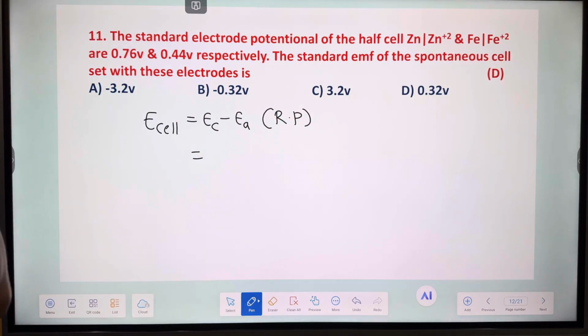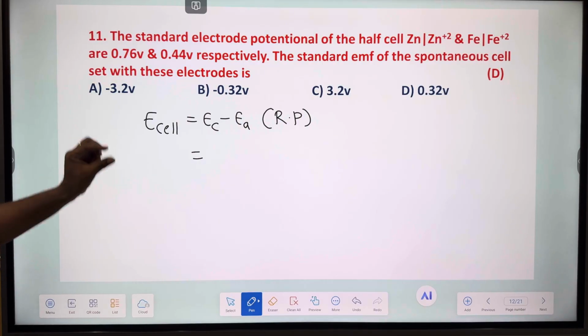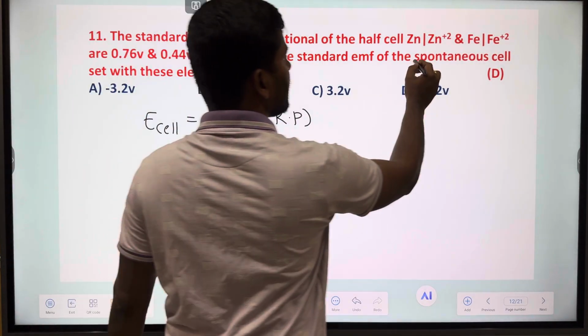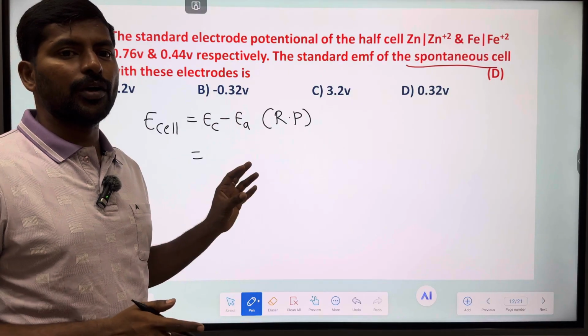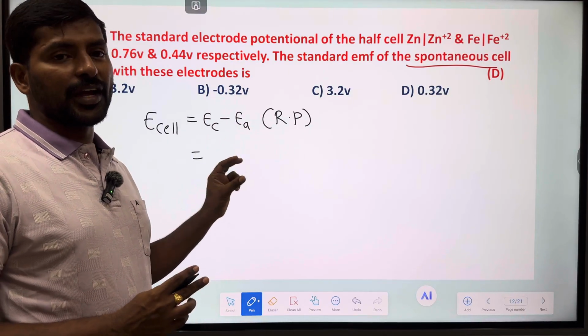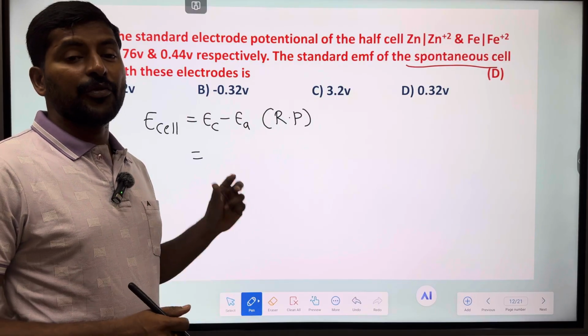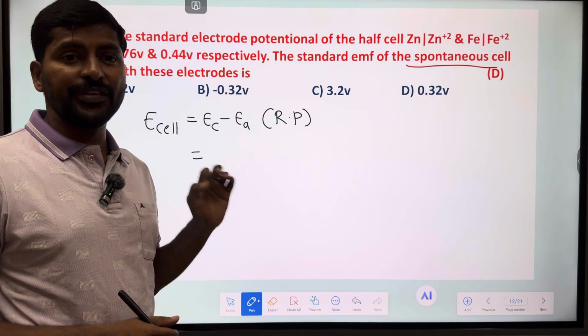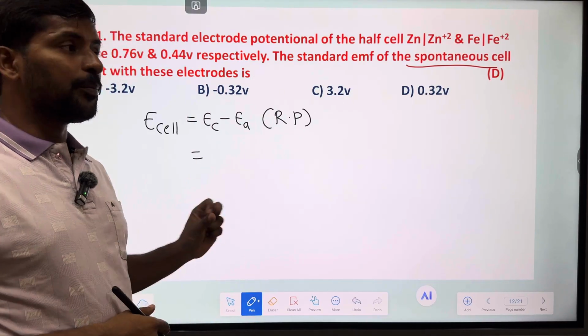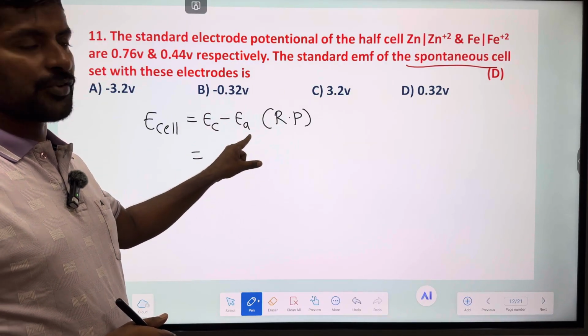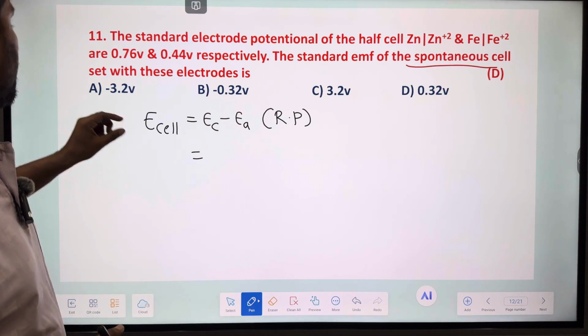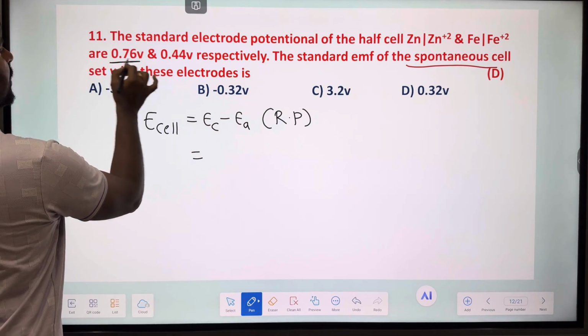We have to construct the cell such that it undergoes chemical reactions spontaneously. When E cell is positive, the cathode reduction potential must be greater than the anode reduction potential.